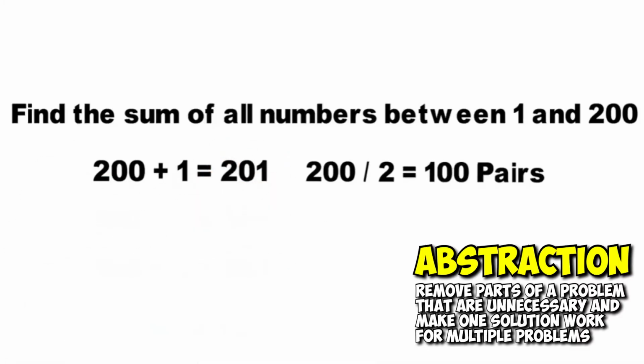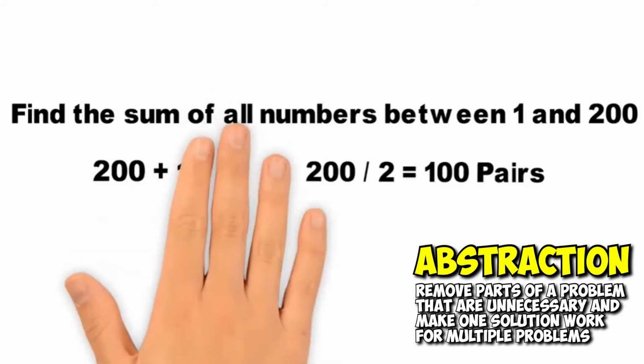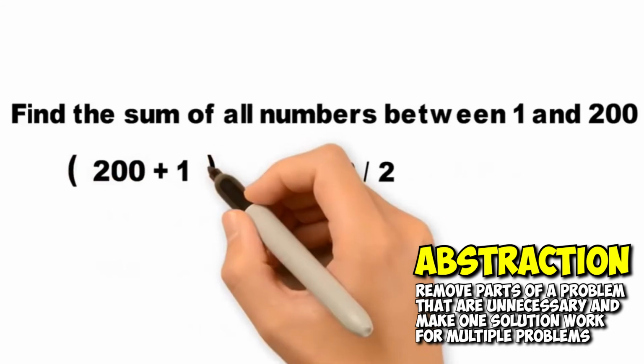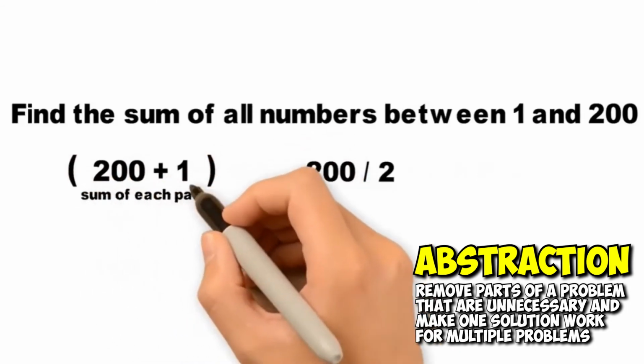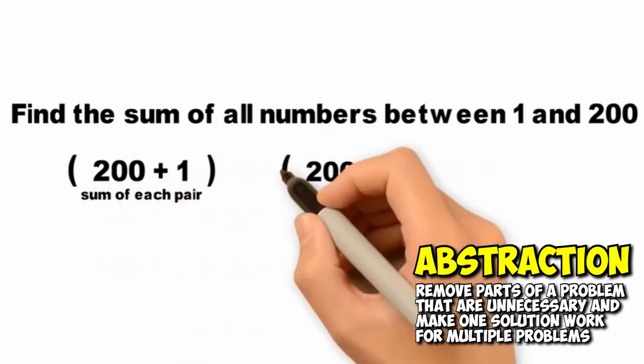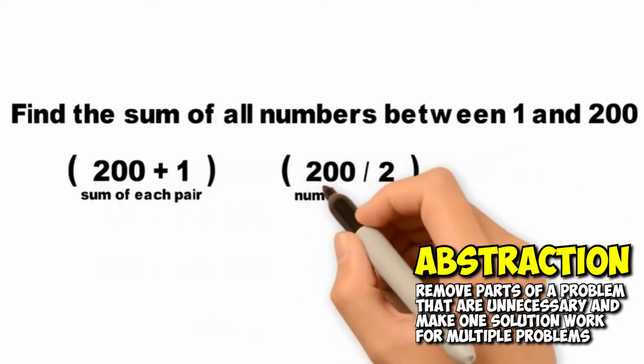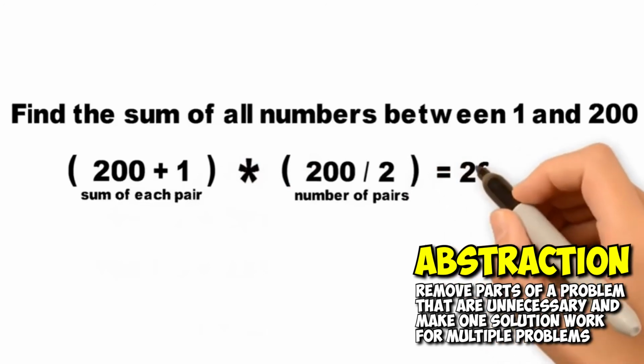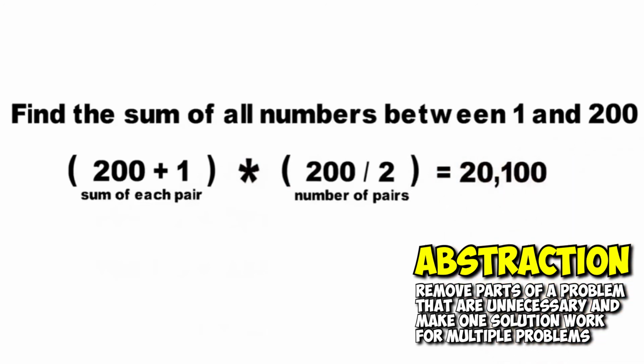And if we do that, we can see and express the problem as an equation. 200 plus 1 tells us the sum of each pair. 200 divided by 2 tells us the number of pairs. Multiply them together, and we find that the sum of all numbers between 1 and 200 is 20,100.